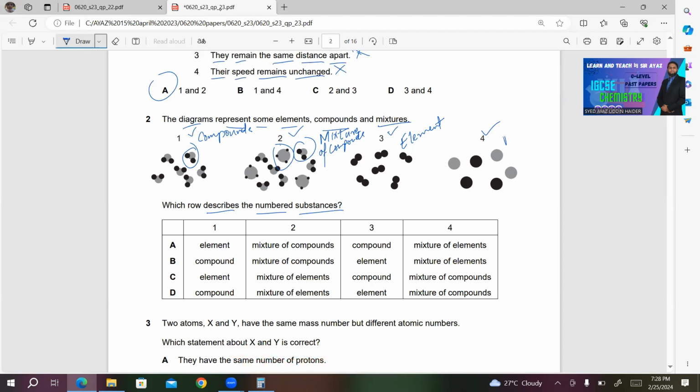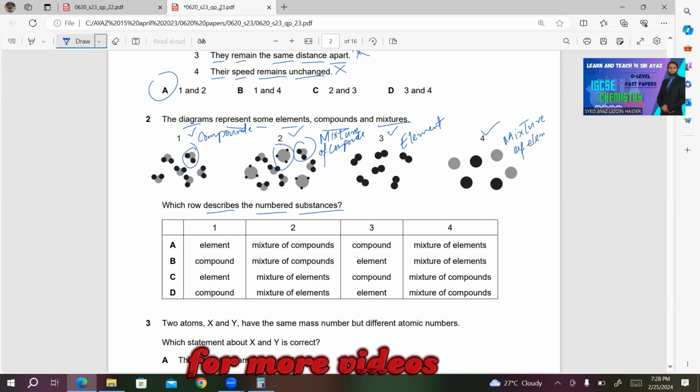We have a mixture of elements. So straight away choice B will be the right answer. In B, number 1 is compound, number 2 is mixture of compounds, number 3 element, number 4 mixture of elements.